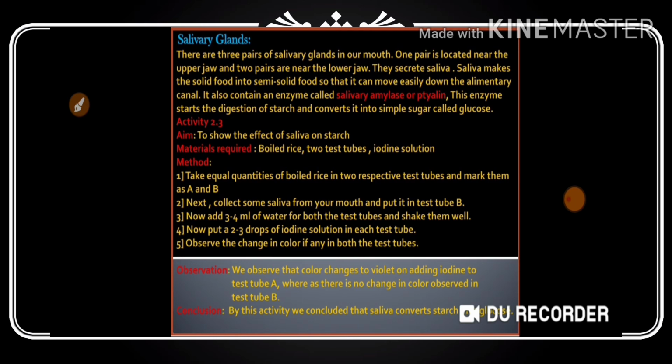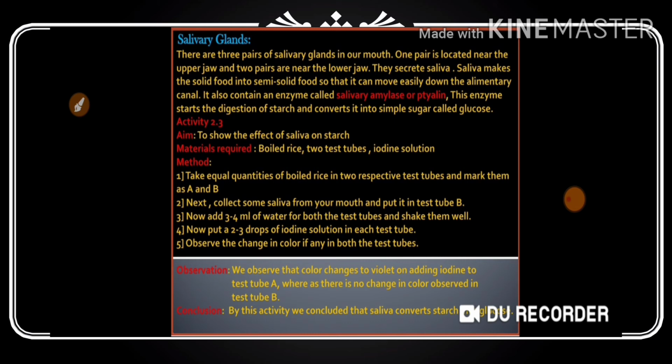So why did this happen? This happened because in test tube A we have not added saliva. Please keep in mind, test tube A does not contain saliva.